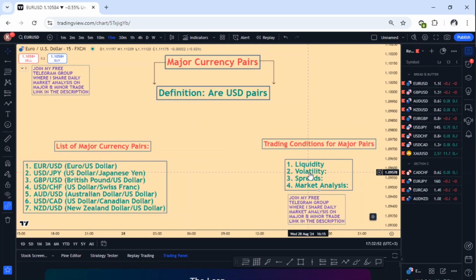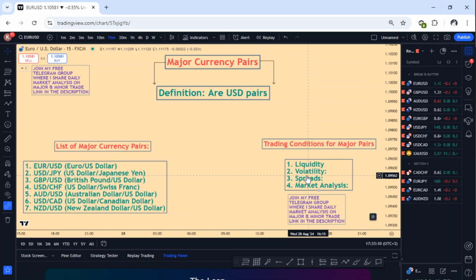Generally these major pairs have lower volatility compared to minor and exotic pairs. This implies that the price movements are more stable and less erratic. Now what about the spread? They offer very tight spreads.